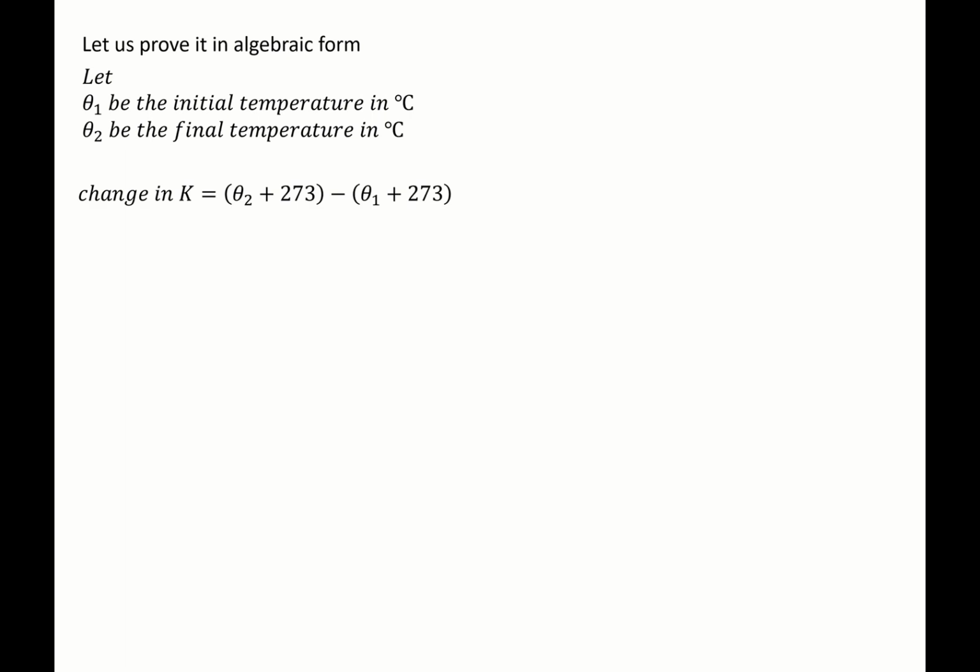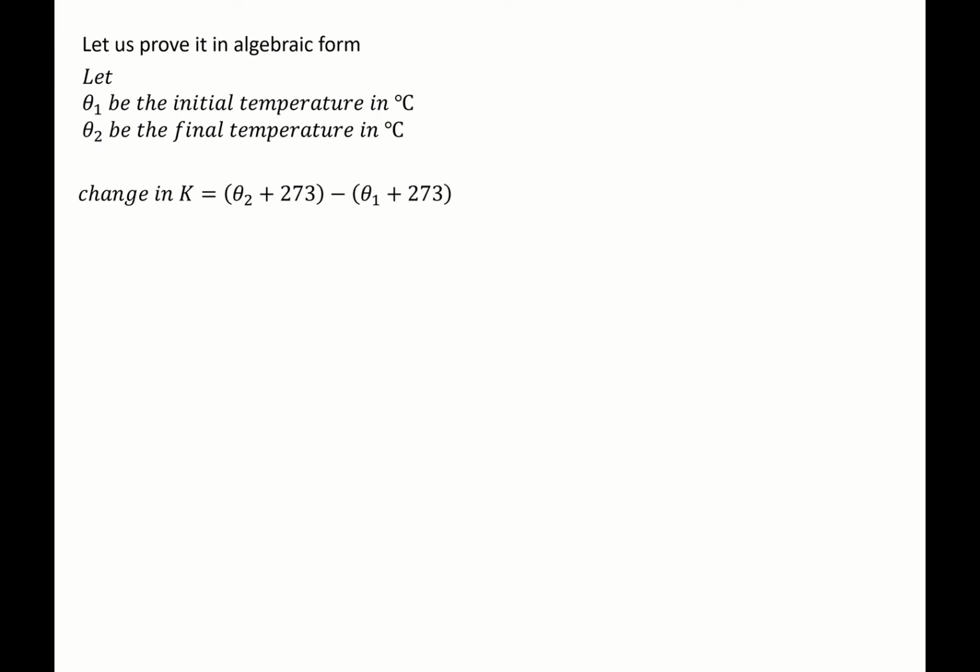And to further illustrate my point, let's prove it in a very algebraic form. Let theta 1 be the initial temperature in degrees Celsius and theta 2 be the final temperature in degrees Celsius. So the change in Kelvin will be equals to theta 2 plus 273 minus, open bracket, theta 1 plus 273, close bracket.